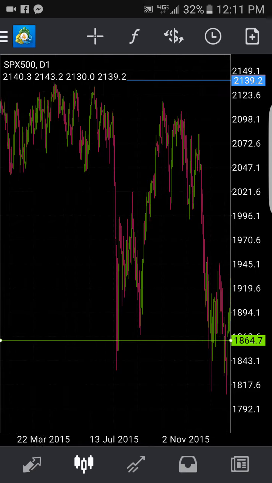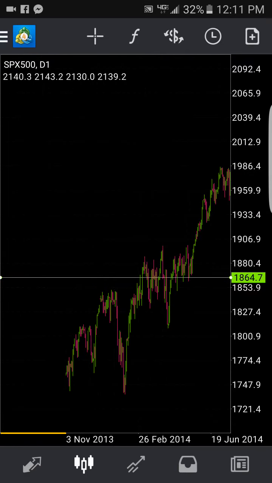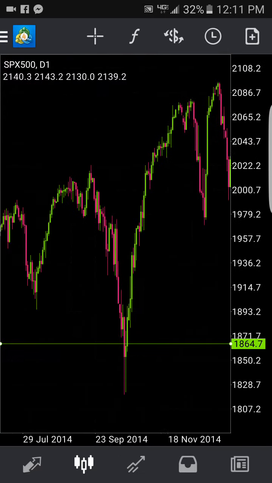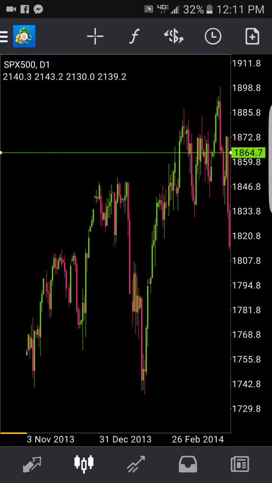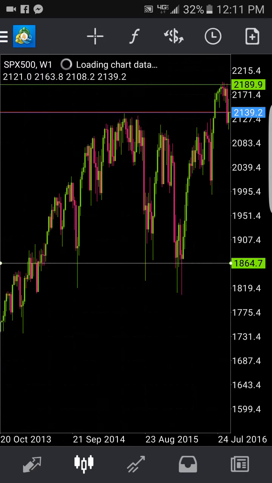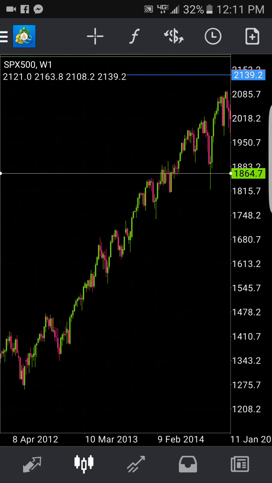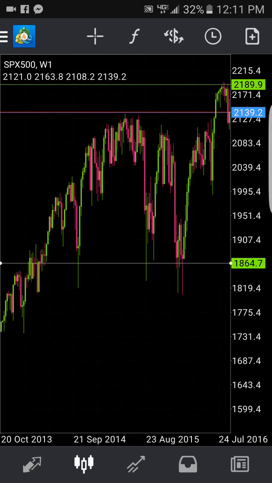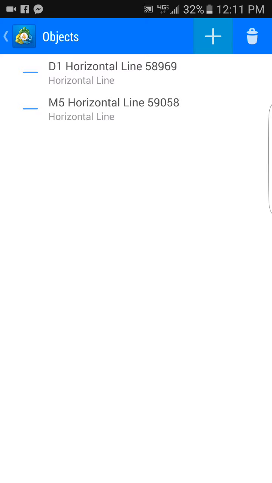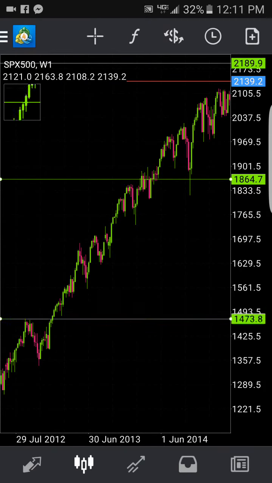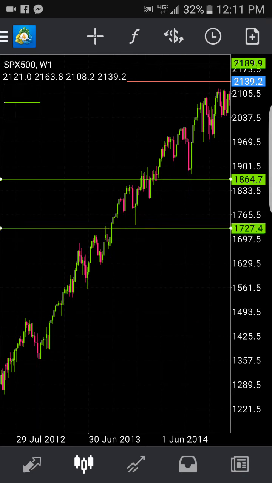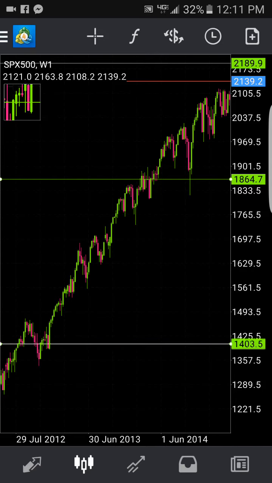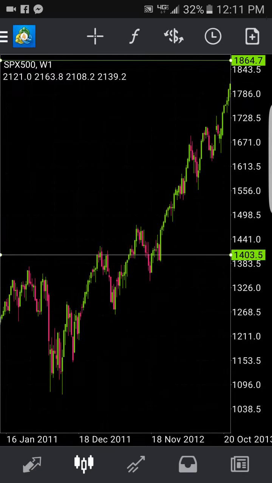That's the daily. Now you can actually go back more in time and look for lower gaps on the daily. I've already looked at this whole chart on my computer, because sometimes on mobile it's not gonna let you go all the way back. Just like you see the gap on the daily at 1864, there is a gap as well around the 1400 level.